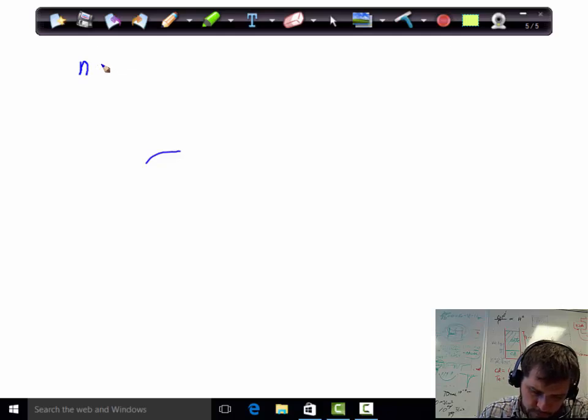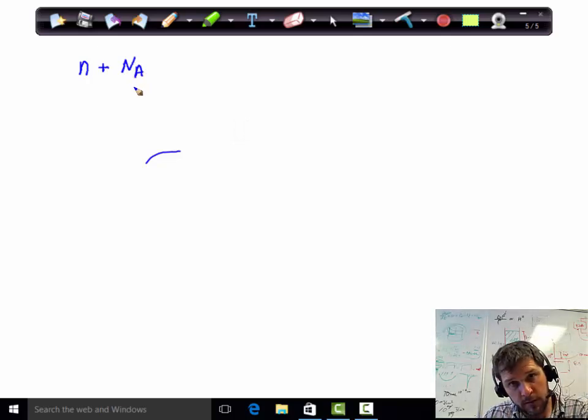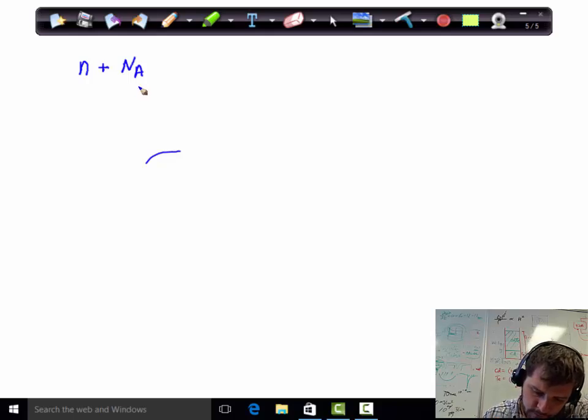So we're going to have the N plus NA, and because of what I showed, where the electrons from the donors will drop down and fill all of the available acceptors first before going up into the conduction band, we know that all of the compensating acceptors will be ionized all the time. So that means we don't have to worry about their statistics. We just say that they're 100% ionized.